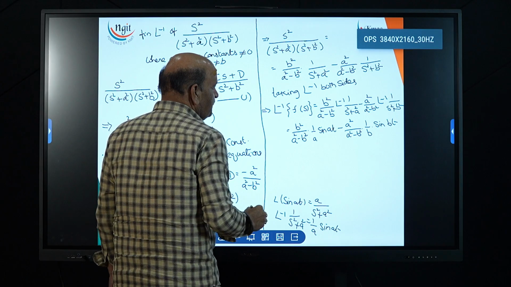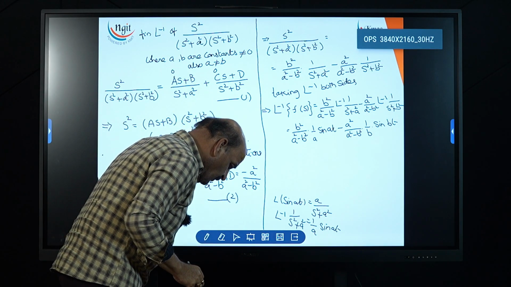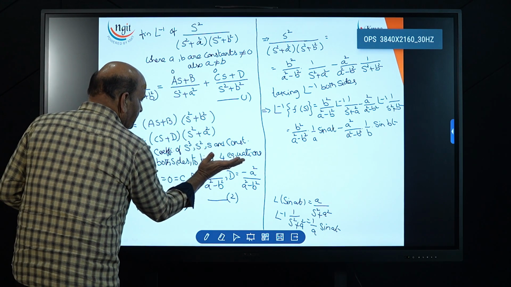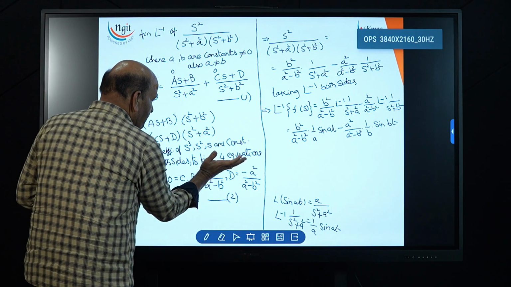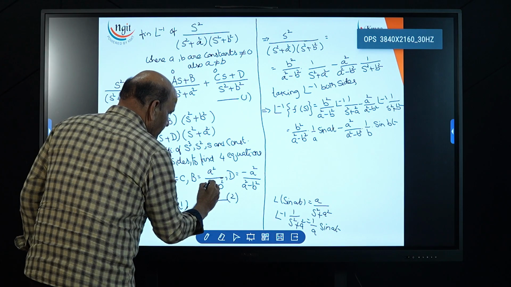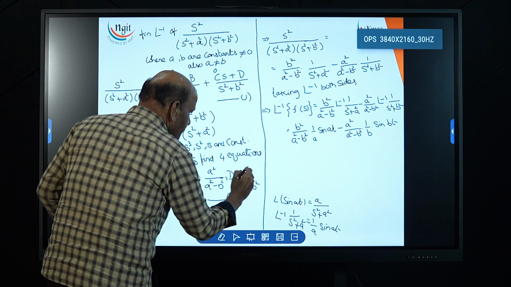Now got it? Now what output we got? The value of B is not b square, this is a square. The value of B is equal to a square by a square minus b square. This is not a square, this is b square.